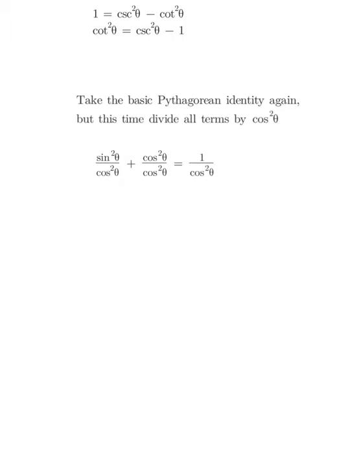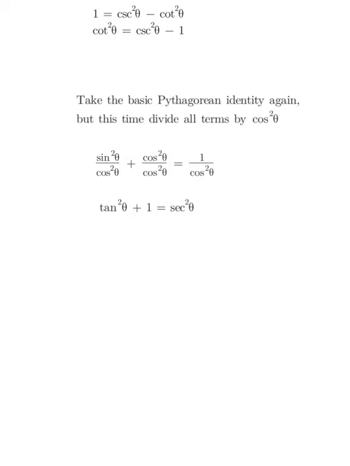So we are again going to use our definition of trig functions and simplifying to get our final Pythagorean identity. The last of the Pythagorean identities is tangent squared theta plus 1 equals secant squared theta.